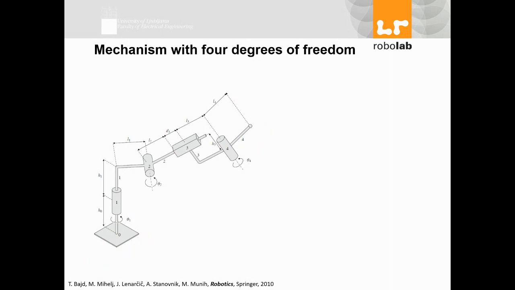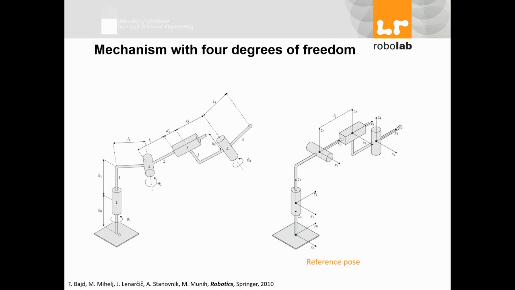So this is a robot. What I have here is just the mechanism of the robot, the geometry and the structure of the robot, and also length and type of rotations and movements I have. But this is not a suitable pose for my robot. I have to put it in reference position, okay?